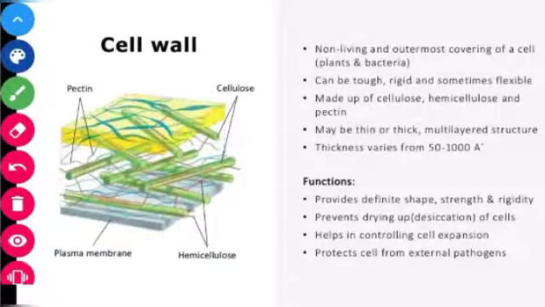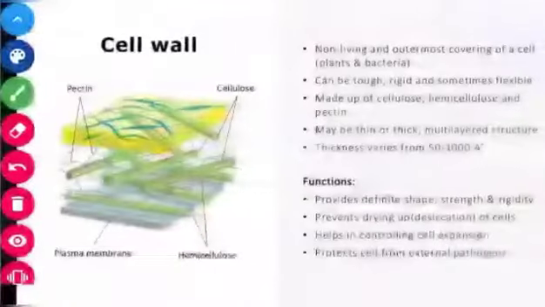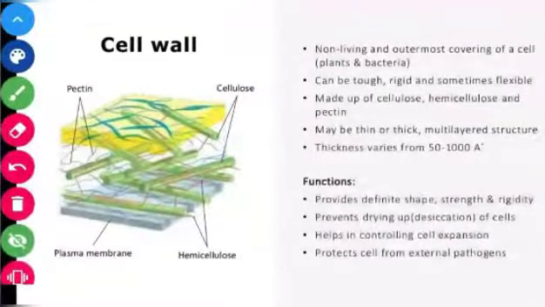Think of what I told in the previous class, that the cell wall is present in the plant cell, but it's not present in the animal cell, right? So the cell wall is non-living. As you observed in the previous slide, the plasma membrane is a living layer, but the cell wall is non-living, and it is the outermost covering of the cell of plants and bacteria.